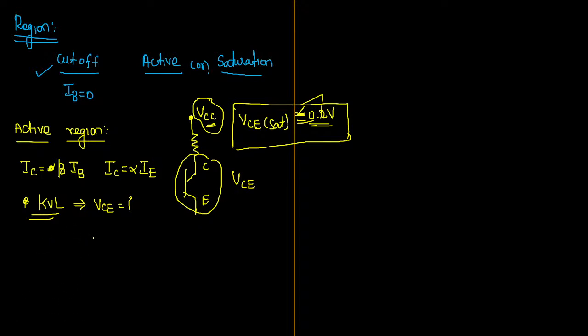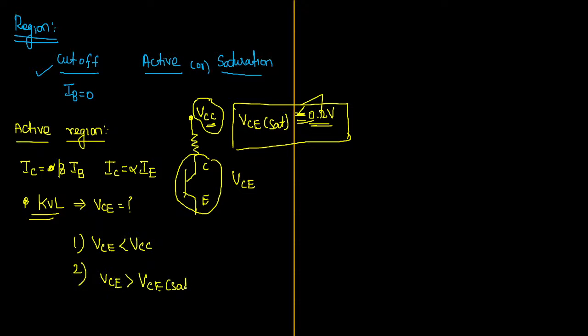First, it has to satisfy the condition. This voltage must be less than the value of VCE that you calculated, and you check it with this VCC. This is condition number 1, less than the value of VCE. Second, you have to compare this value with the saturation voltage, whether the value of VCE is greater than saturation voltage or not.